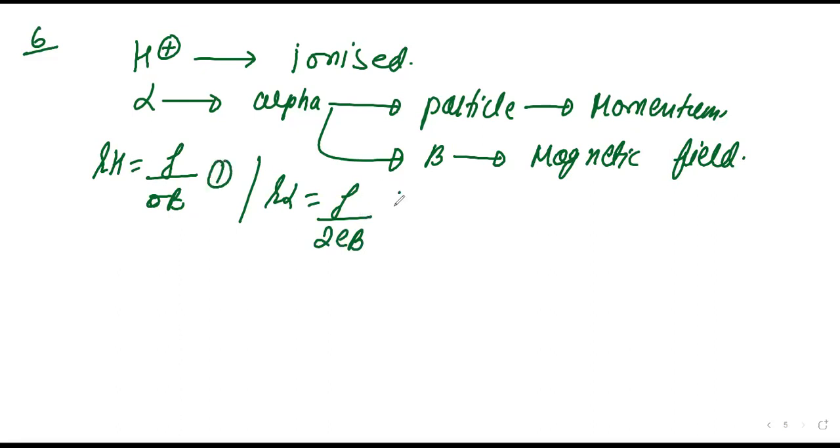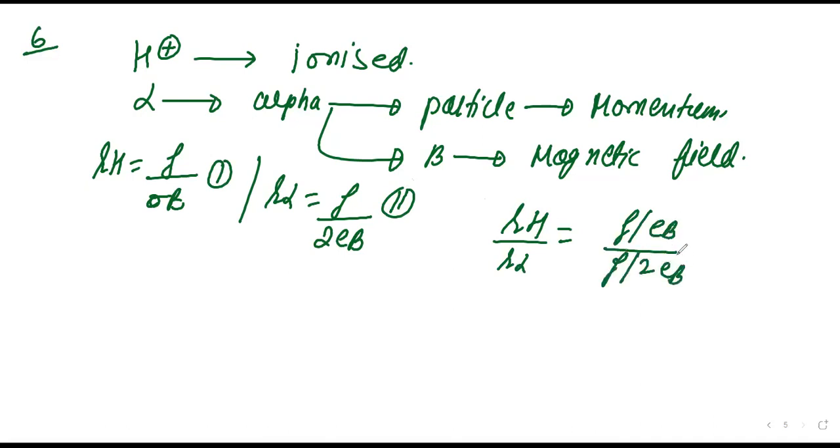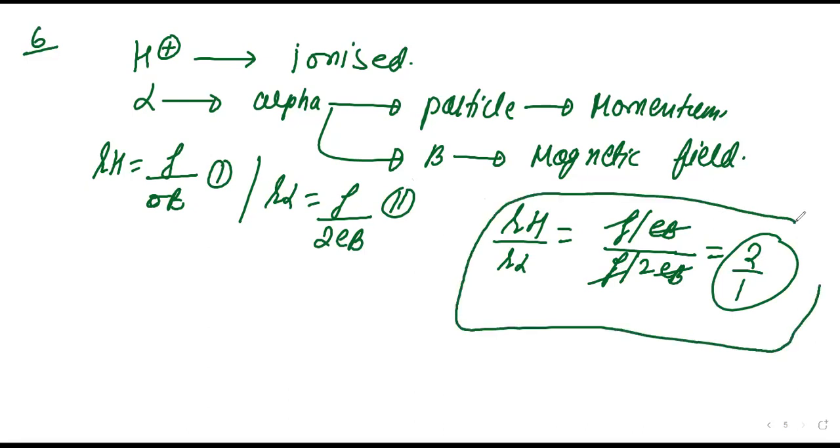Divide 1 by 2, then you get RH upon R alpha equals rho by EB divided by rho by 2EB. Rho and rho get cancelled and EB gets cancelled, so it comes out to be 2 upon 1. This is the relation between the radius of the ionized hydrogen atom and the alpha particle.